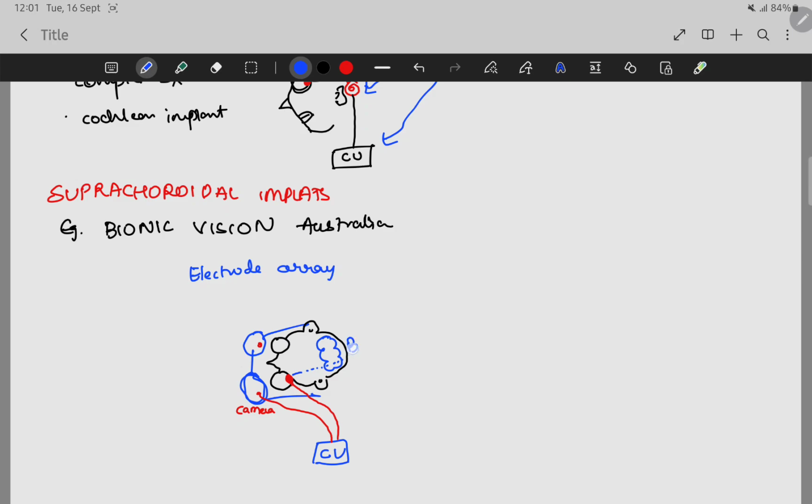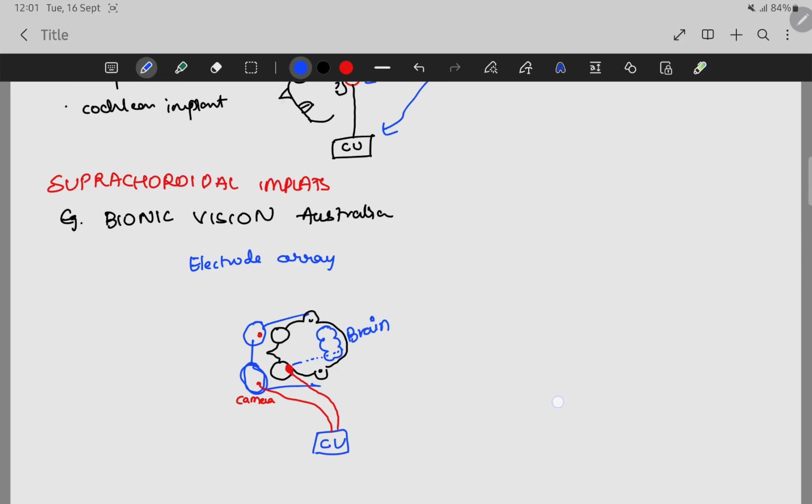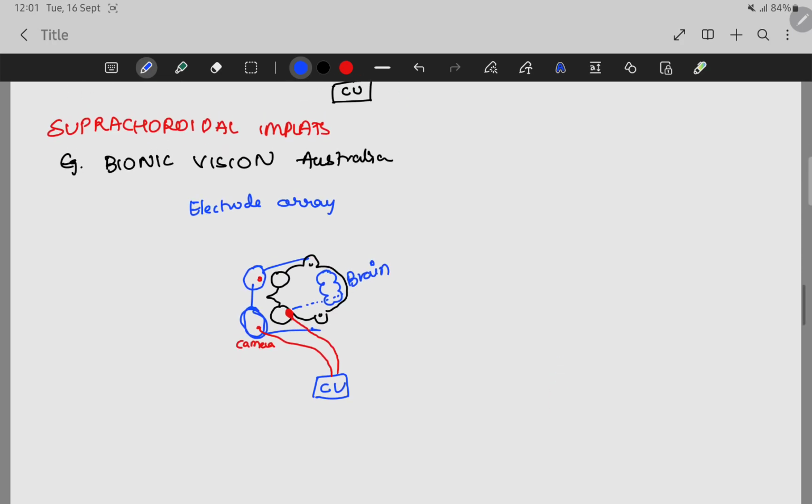Okay, so this is the brain. Just to explain, we have a camera that captures the image and sends it to the processing unit, which processes the information and via wire sends it to the receiver, which is implanted.